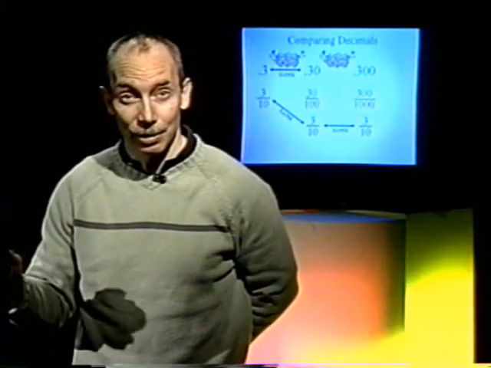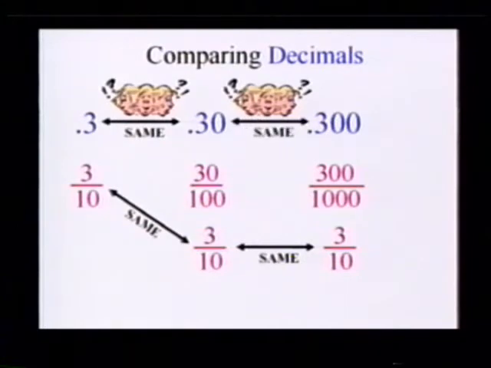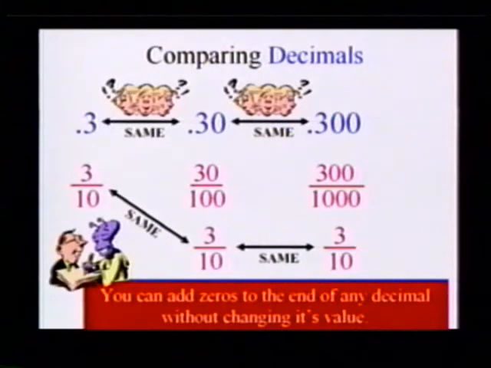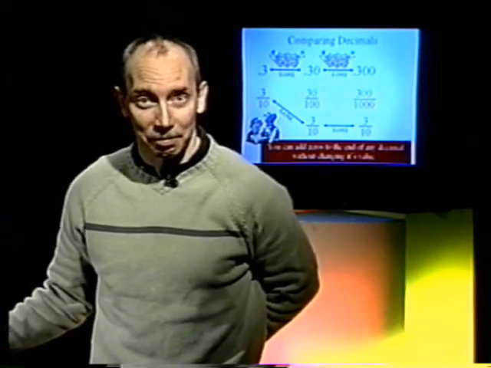You might even notice that when the zeros are at the end of a decimal, you really don't even need to write them, do you? Because they really don't make any difference. That's the only time you can take away the zeros, when they're at the end of a decimal. It's a little bit of a shortcut, okay?